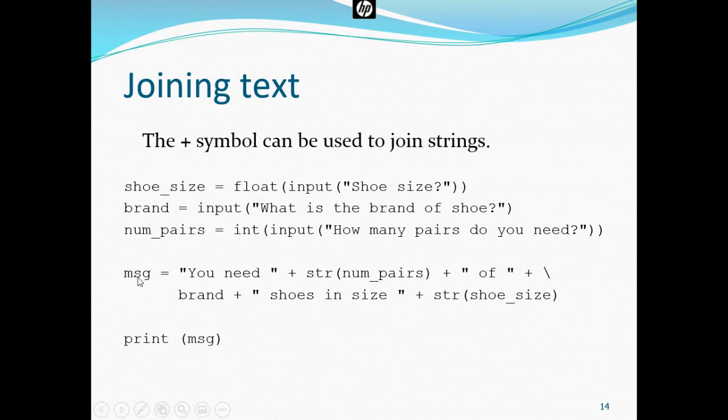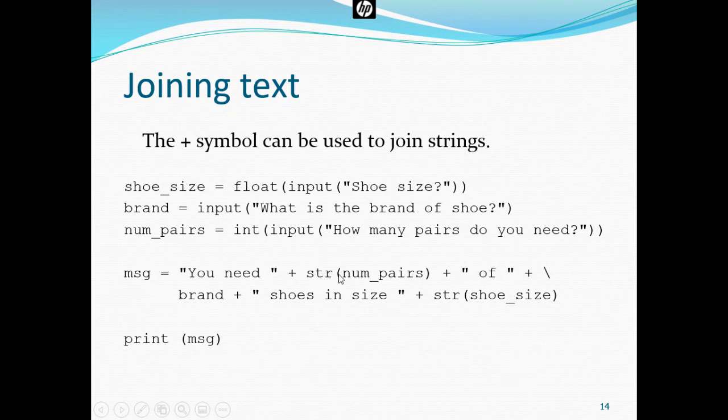So my message in the end is equal to, now everything is a string here. The plus puts all the information together. You need is under quotes, plus. Now this turns the number of pairs into a string, even though we made it an integer, it turns back into a string.